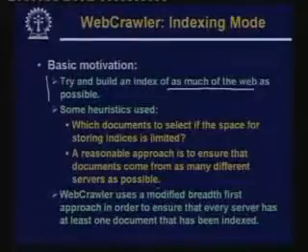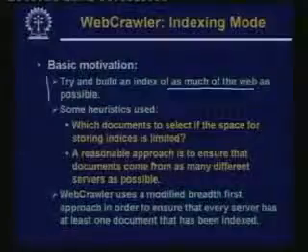Suppose you have space only to store 100 index values, make sure that those 100 index values come from 100 different websites, not 50 pages from the same website. Okay. This is the principle which the web crawler follows.